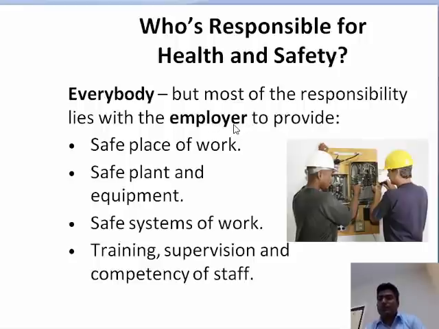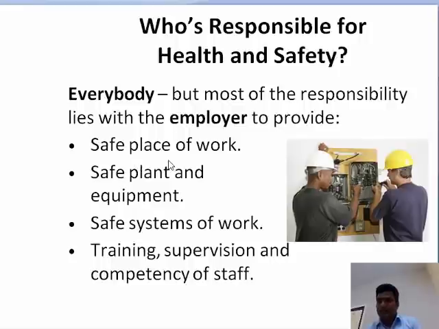So what is the employer's responsibility? The employer will maintain a safe place of work and safe plant and equipment, because the plant is the employer's. The employer must also provide a safe system of work, training, supervision, and competency of staff.